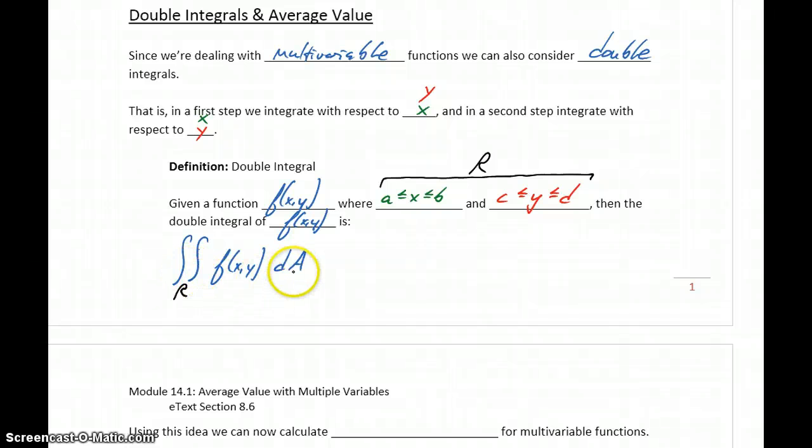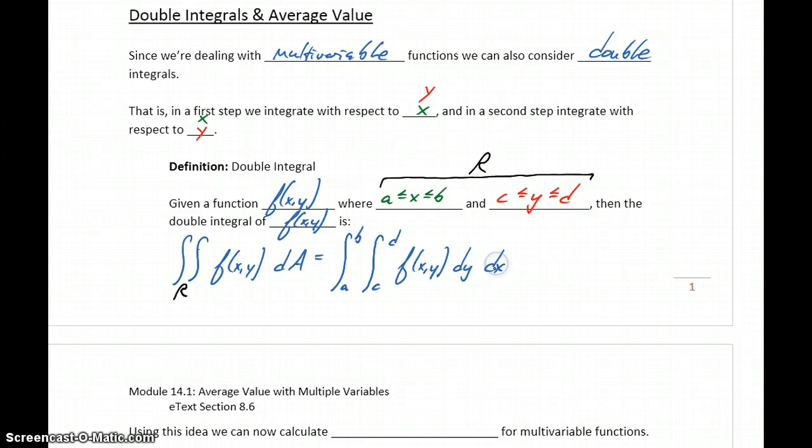This is the more compact notation, but we could expand this out and write it as the integral from a to b, the integral from c to d of f of x y dy dx. So we have two integral symbols, and two expressions that tell us which variable we're integrating with respect to.